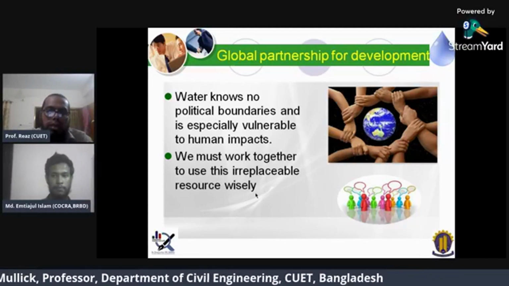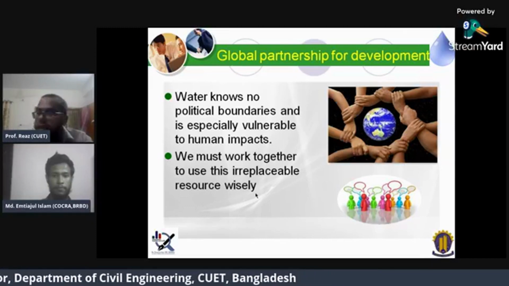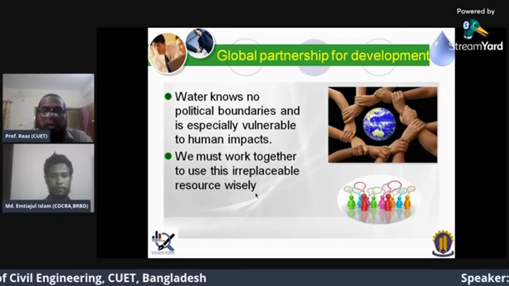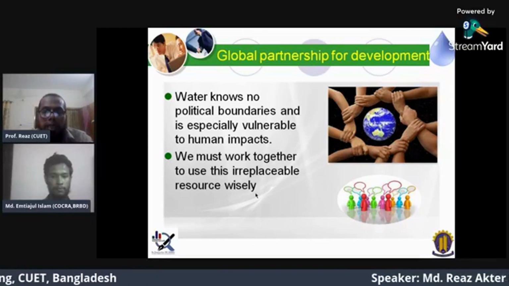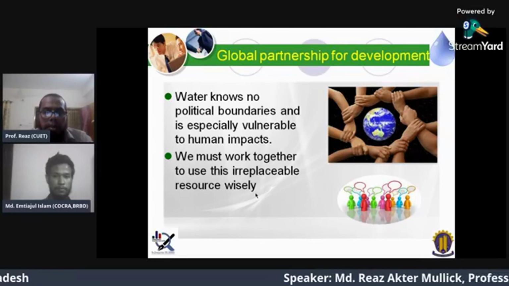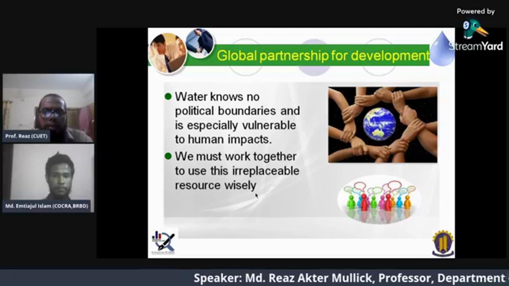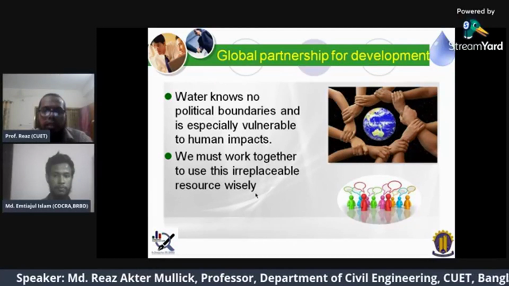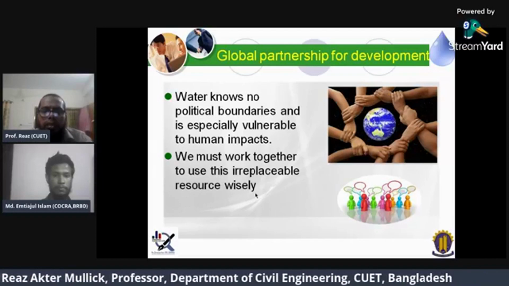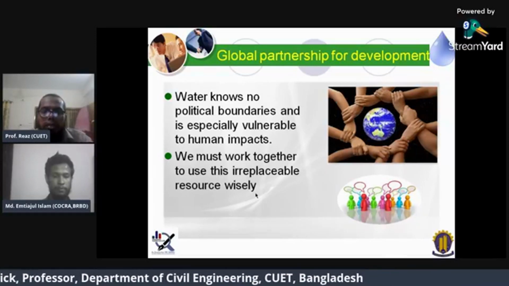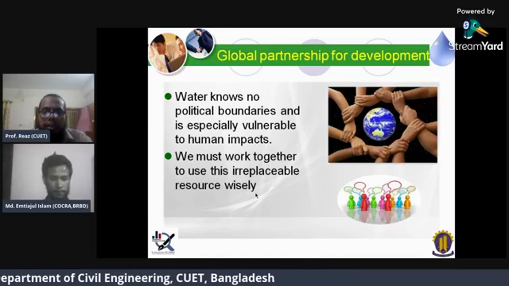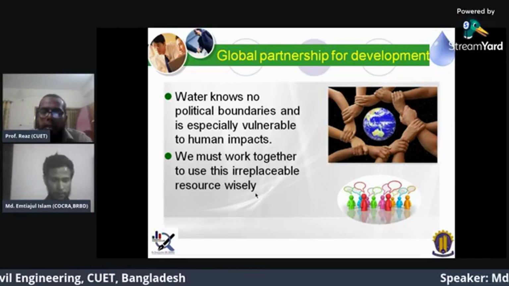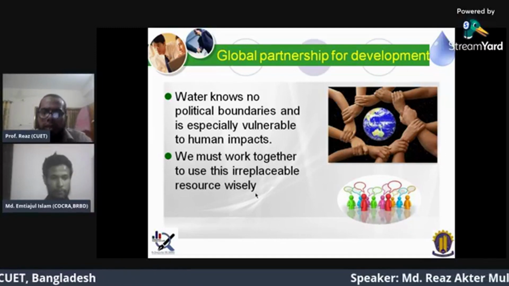We know there is the river basin, which is a technical word. Many people may not understand what a river basin is. This is the hydrological boundary of the river, and this hydrological boundary does not follow the political boundary. That's why a river crosses many countries, and the countries are in tension with each other.